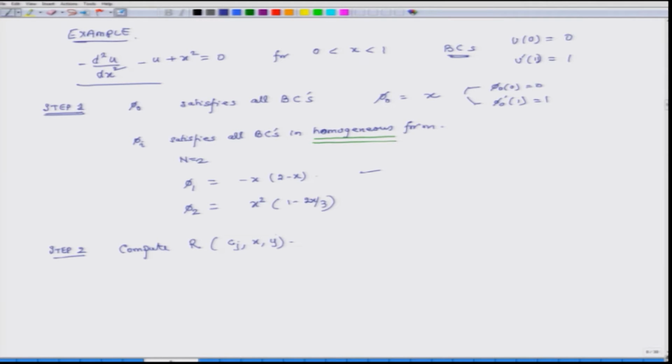So what I do is I plug in phi naught and, one second. So, here my u n is equal to the 2 term solution u 2, which is equal to C 1 phi 1 plus C 2 phi 2.